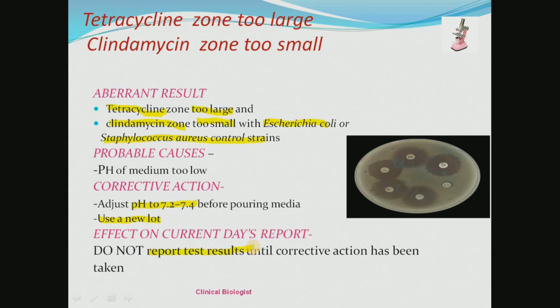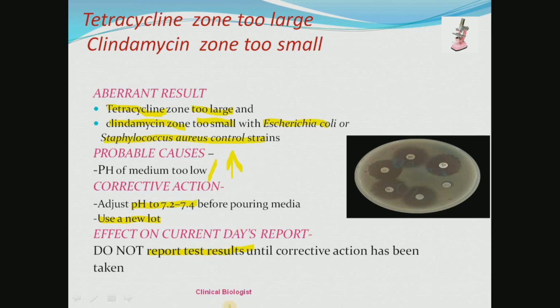So here we discussed the tetracycline and clindamycin zones. If it is the opposite, if the tetracycline zone is too small and the clindamycin zone is too large, you have to take the opposite action. The probable cause in that case is that the pH of the medium is too high. Before, it was too low, but here the pH of the medium is too high, and the corrective action is the same: maintain the pH between 7.2 and 7.4. The report rule is the same.